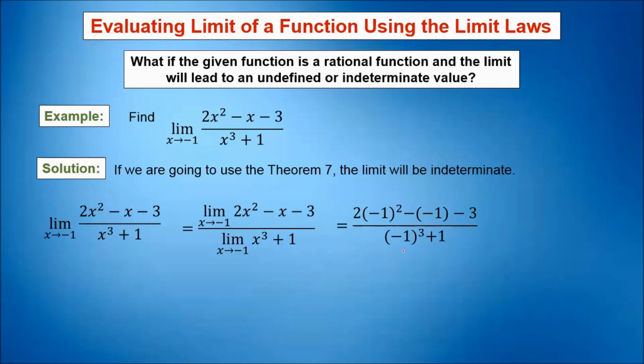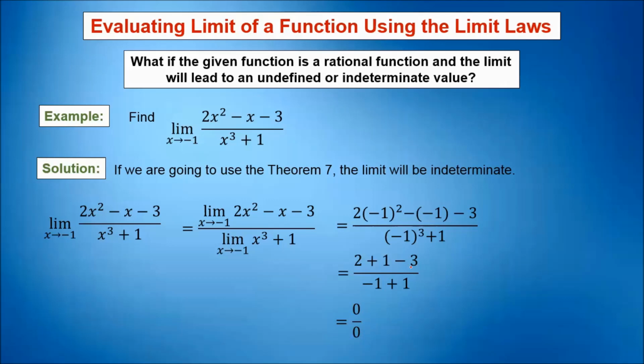And for the denominator, -1 cubed plus 1. By simplification of those numbers, that will lead to 2 plus 1 minus 3 all over -1 plus 1, which is 0 over 0, indeterminate.